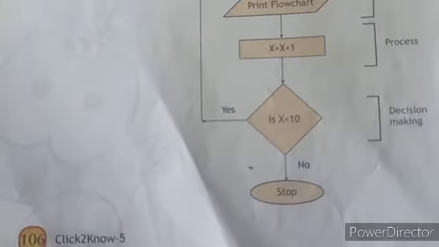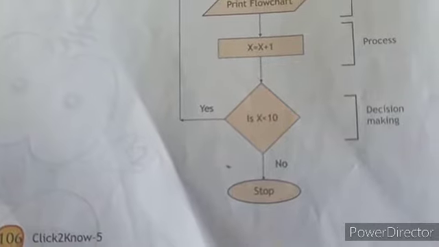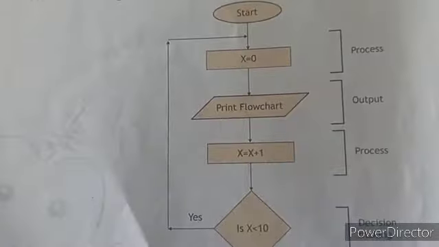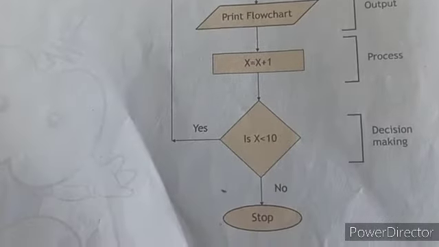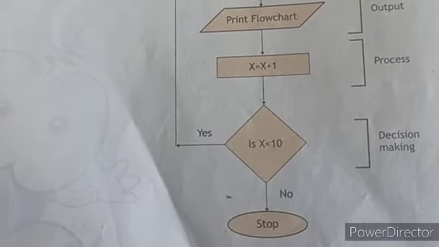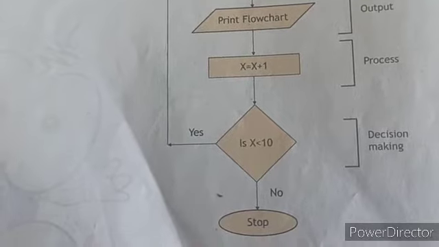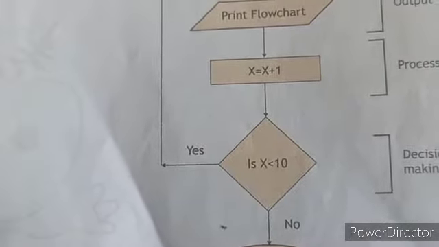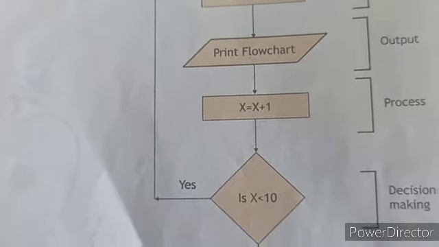Then look at the third one: another processing box is needed where the variable already taken, named x, is increased by 1. First it was 0, so the first value of x is 0 at this moment, and the first time the flow chart prints.